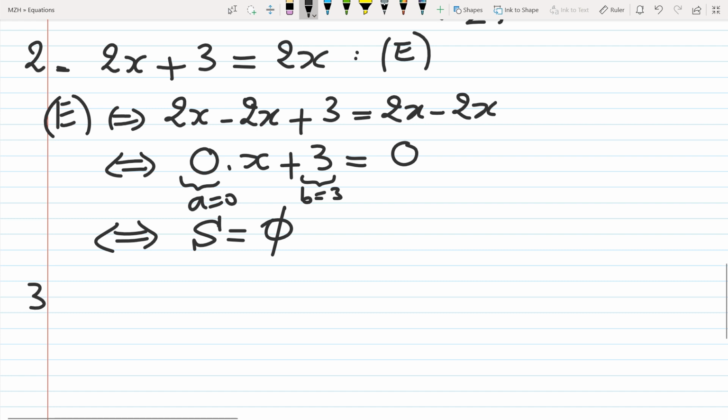The third example is, let's make it easy. Let's say 4x plus 1 is equal to 4x plus 1.